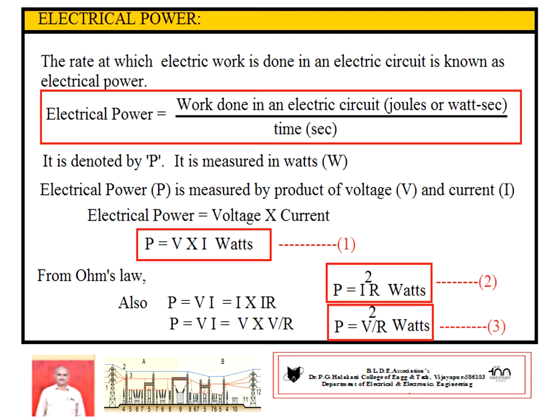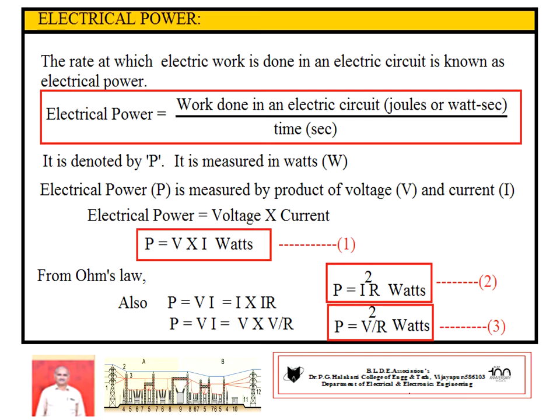Usually time is expressed in seconds. Work done in an electric circuit is in joules. 1 joule equals 1 watt second. It may be written as joule or watt seconds. In the usual manner it is denoted by capital P and it is measured in watts.